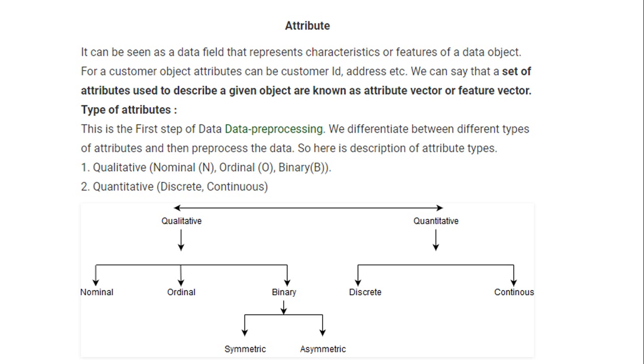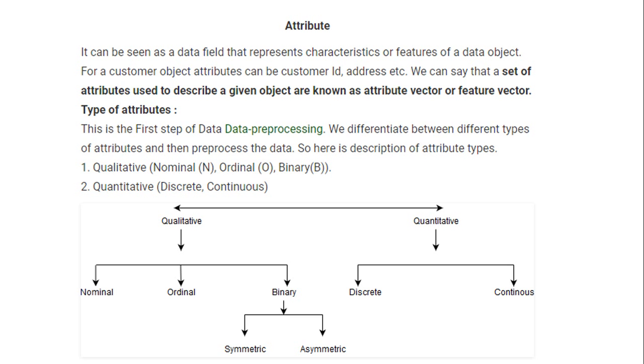Machine learning literature tends to use the term feature, while statisticians prefer to use the term variable. Data mining and database professionals commonly use the term attribute.